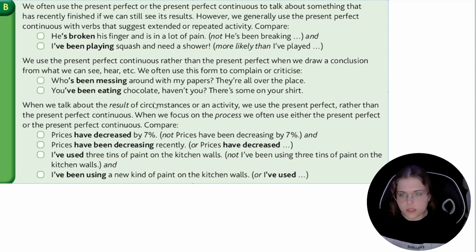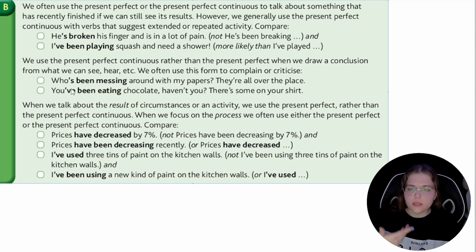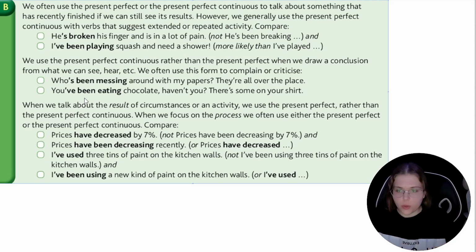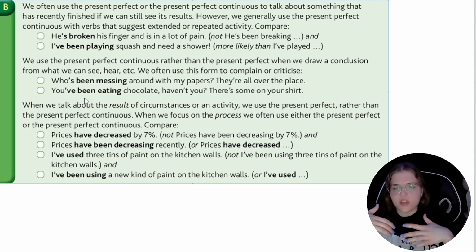Next, I've been eating chocolate. You've been eating chocolate, haven't you? There's some on your shirt. You have been eating chocolate. There's a negative connotation, and what's more, it wasn't sudden. It was very long.